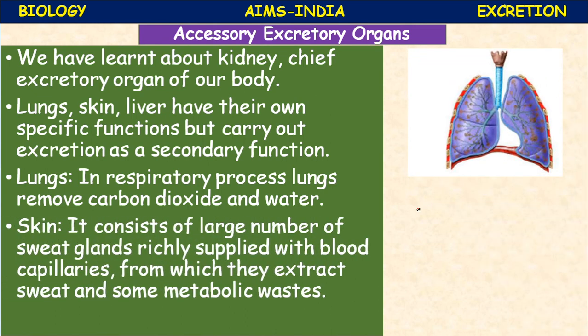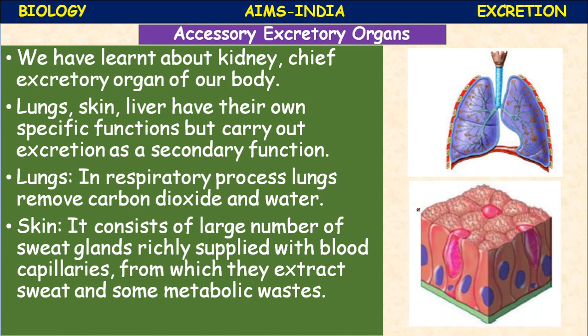Next, skin. It consists of a large number of sweat glands richly supplied with blood capillaries from which they extract sweat and some metabolic wastes also. The excess of salts may be eliminated in the form of sweat. So skin is also considered as an accessory excretory organ.